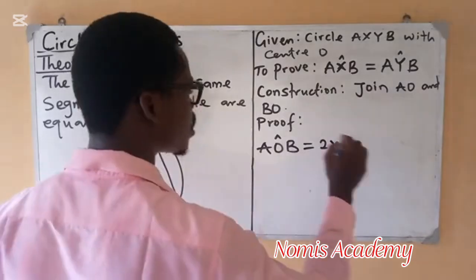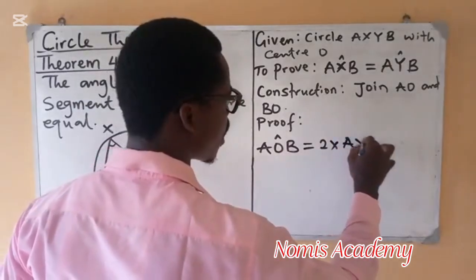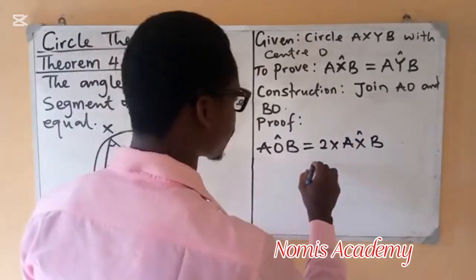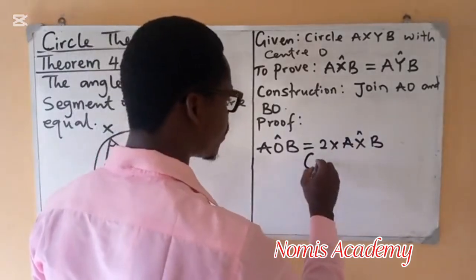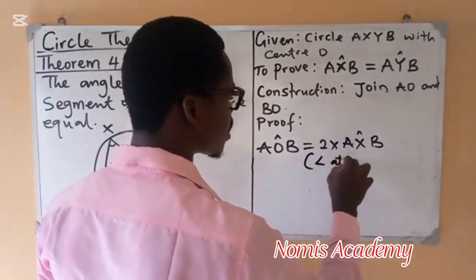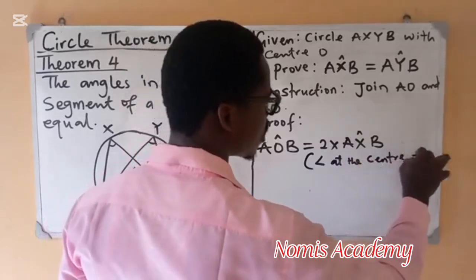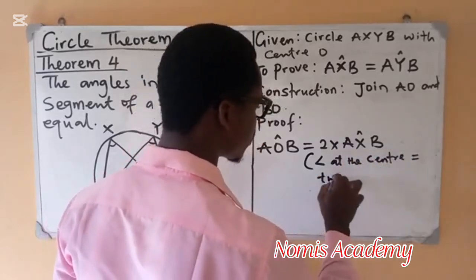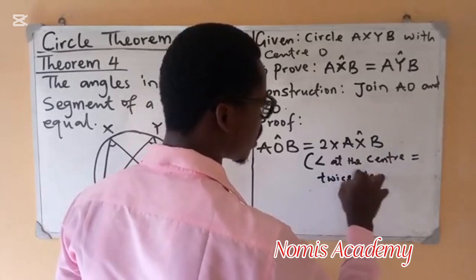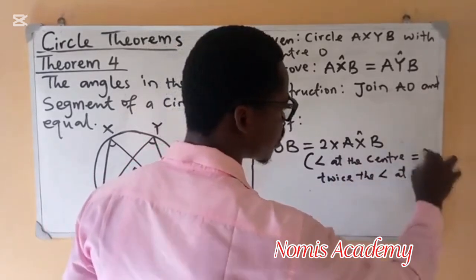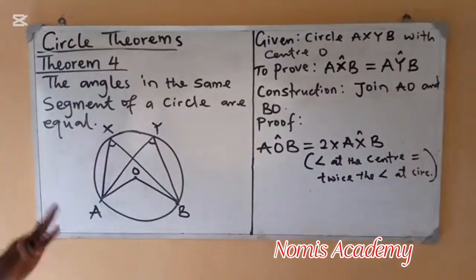That is 2 times AXB. So let's write the statement. We say angle at the center is equal to twice the angle at the circumference. Okay, so we have that.